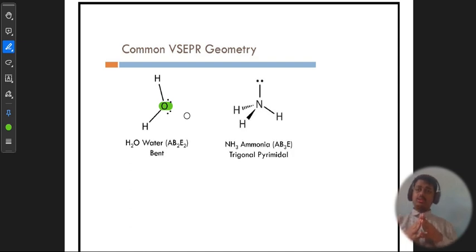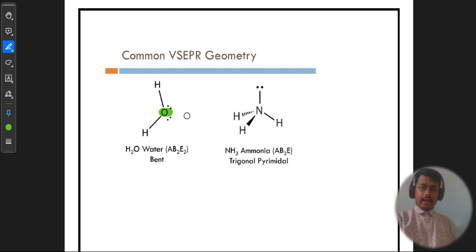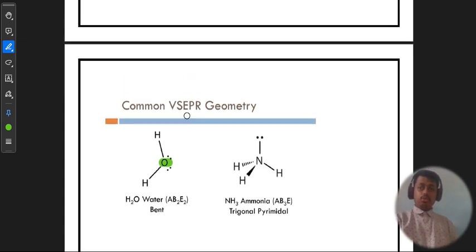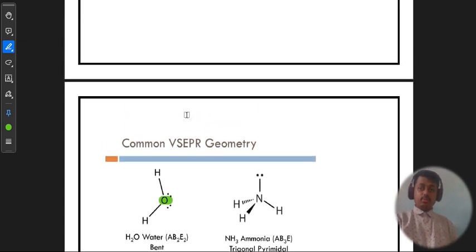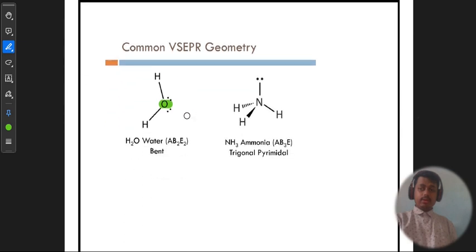If we look closely, the structure is AB2E2. The summation of bond pairs and lone pairs is 2 plus 2, which is 4.